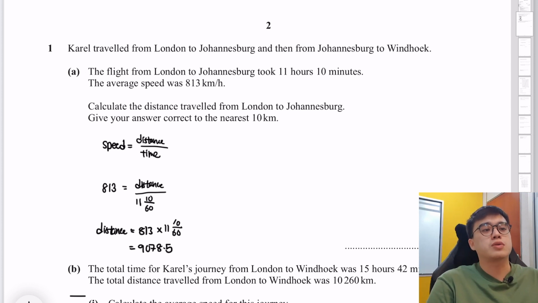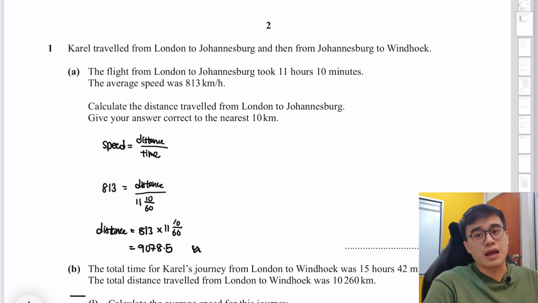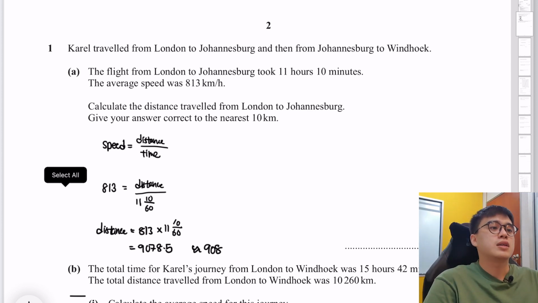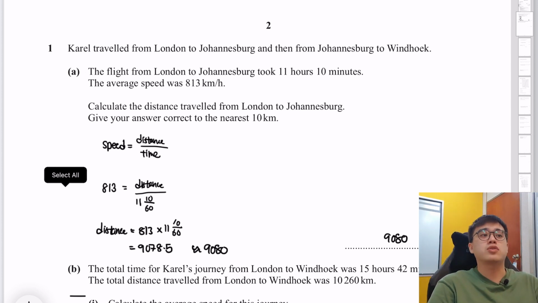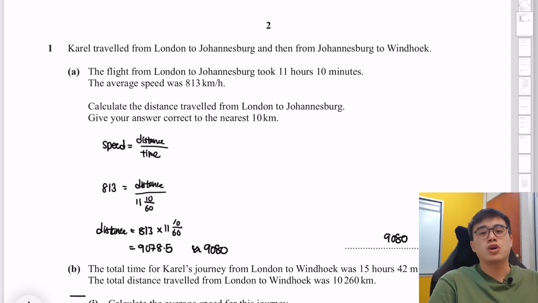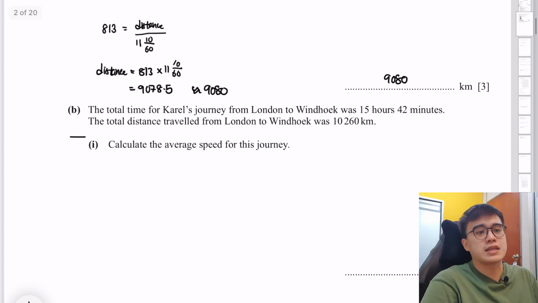So distance will actually be 813 times 11, 10 over 60. Then your final answer will be 9,078.5. However, since they mentioned correcting it to the nearest 10 kilometers, you're required to write it as 9,080.